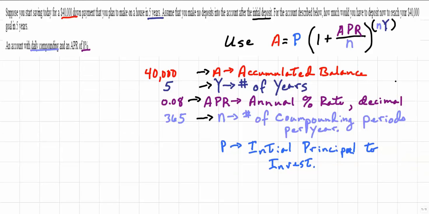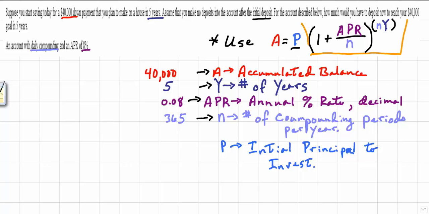So in order to do this correctly, I'm going to have to solve this formula that I have right here for P. That's because that's what we're looking for. So really all I'm going to do is divide by this entire expression right here.